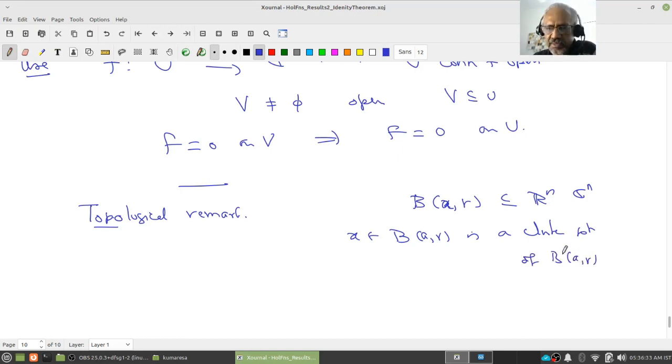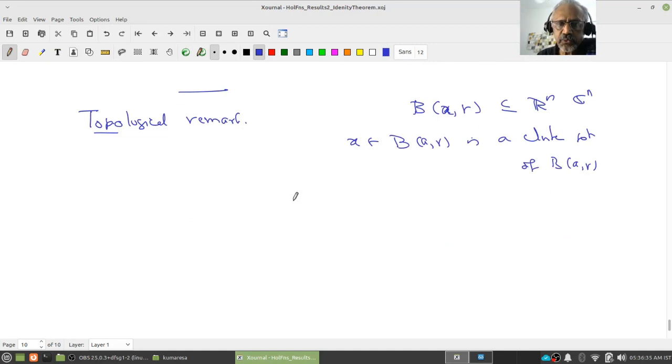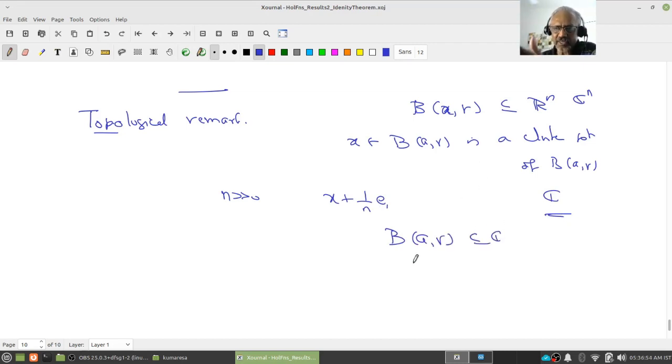This is very easy because you choose n sufficiently large, x plus 1 by n times, let's say, e1. In the case of C, let us stick to C, whatever argument I am giving will work.